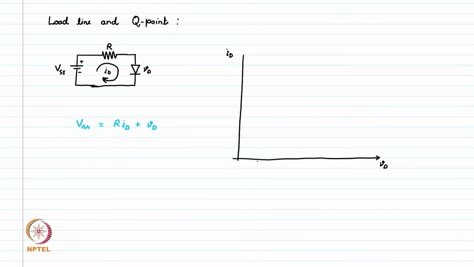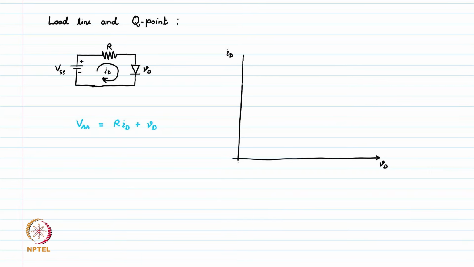When the diode drop is 0, for example, we consider there is no drop across the diode, then the current in the circuit will be simply VSS divided by R. So, there will be a point when the voltage drop across the diode is 0, it means here.